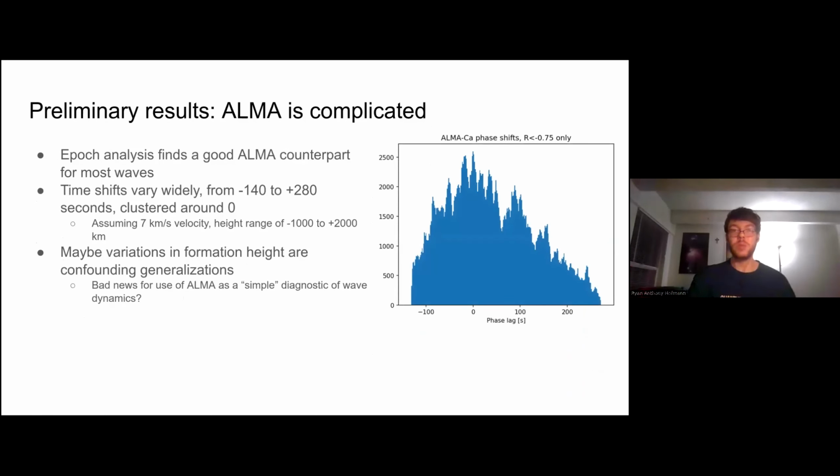So preliminary results indicate that it's not nearly as simple as we might have initially hoped. While we do find a good counterpart for most of these waves, the time shifts seem to vary widely, suggesting a very wide range of formation heights of the ALMA radiation relative to the calcium line.